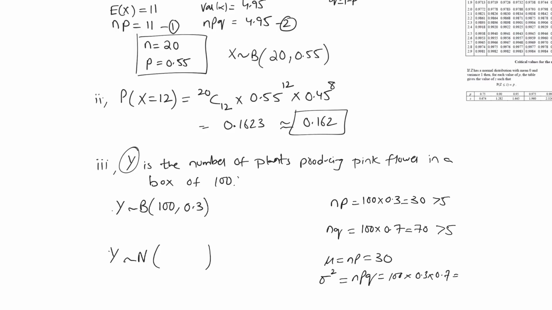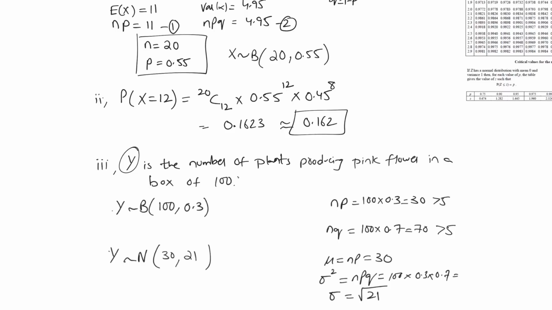Then whatever value comes, you take the square root. So the mean is 30, the variance is 21, and the standard deviation is root 21.